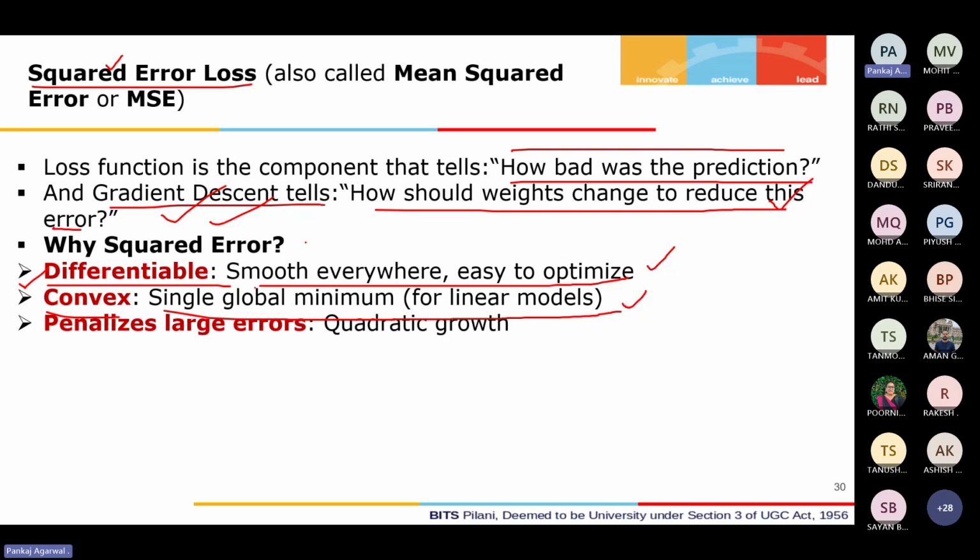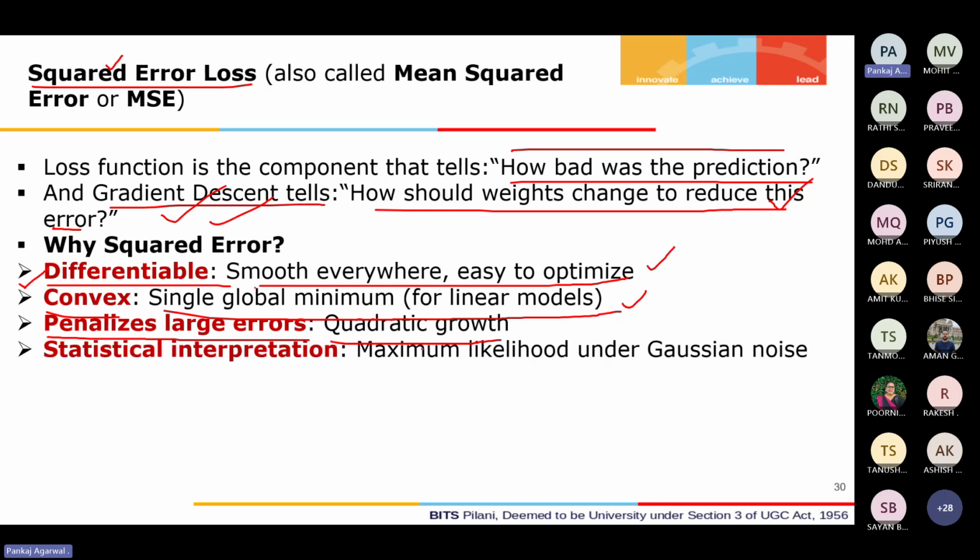Why not a simple difference? I could have taken y minus y dash also, but why are we preferring the squared error? One of the main reasons is that we want to penalize large errors, that is the quadratic growth. Another thought process is the statistical interpretation: maximum likelihood under Gaussian noise. I would explain this concept also.